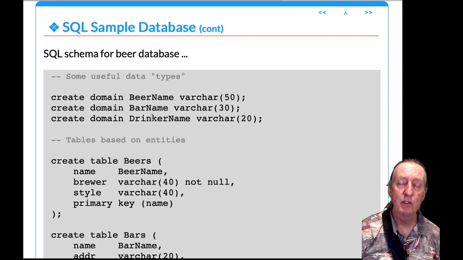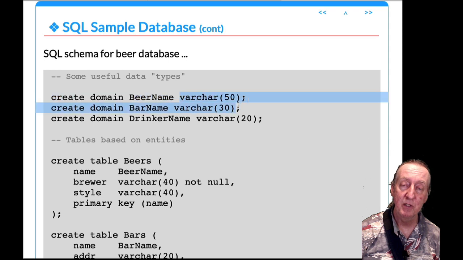All right, one thing that's useful when you're designing SQL schemas, if you've got a data type that's used as both a primary and foreign key type, it's very useful to give it a name so that you don't have a problem of potentially defining beer names to be varchar 50 in the beers table and then defining them to be varchar 40 in the sells table, which means you could potentially have valid beer names that you can't use as foreign keys in the sells table.